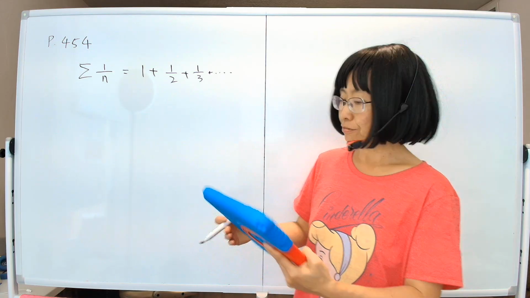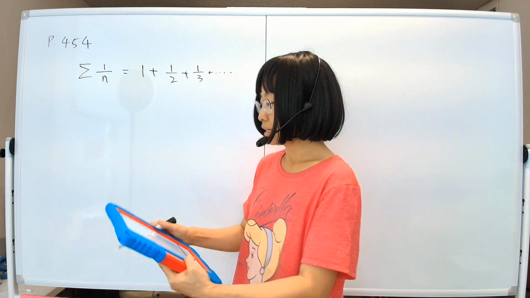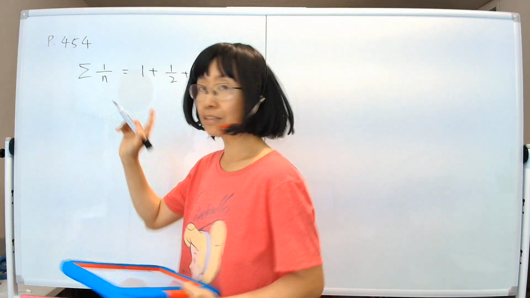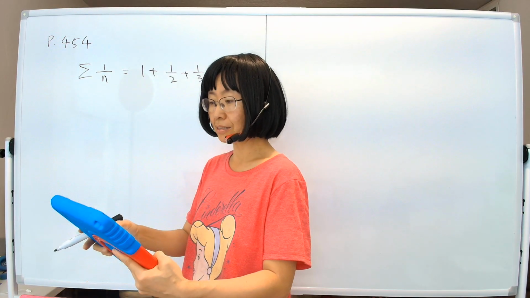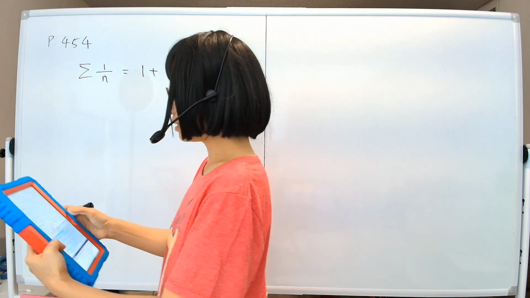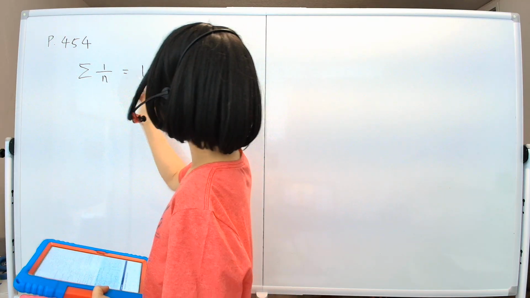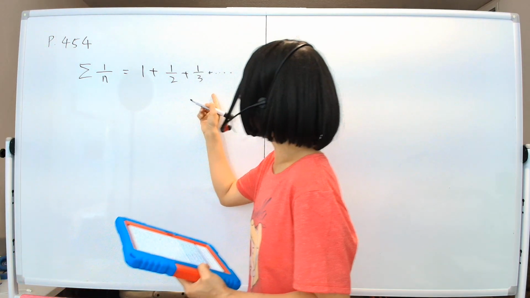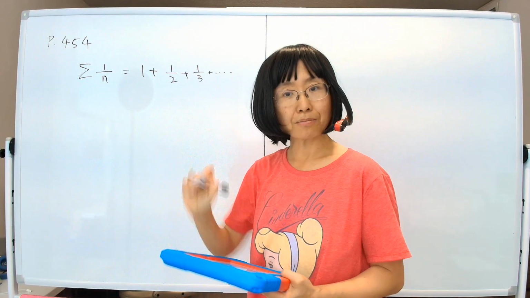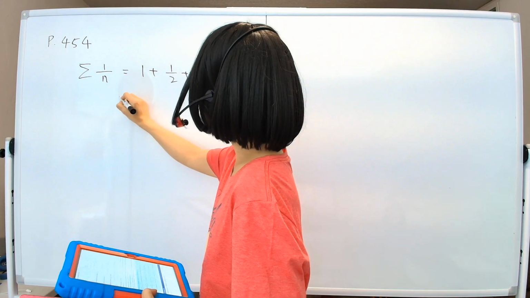Let's look at the next page. Let's look at the partial sum. Actually, we don't even care about the partial sum that much. Let's just write this out. When you add this up, you compare the harmonic series to something that looks like this.